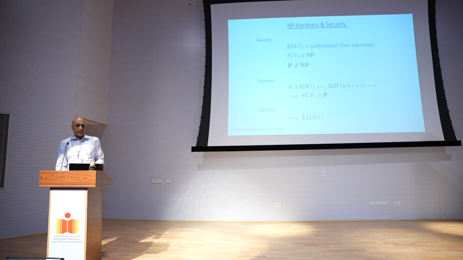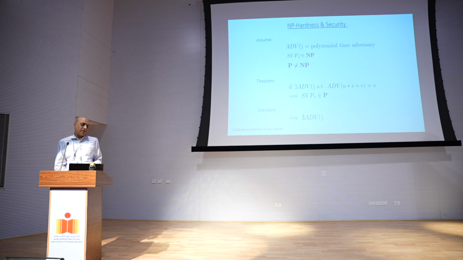And then, of course, we assume that there's no intersection in these two sets. So then the theorem says, if I give the adversary this polynomial, and the adversary can, in polynomial time, give me S, then I can use this adversary as a subroutine in an algorithm to solve SVP gamma.